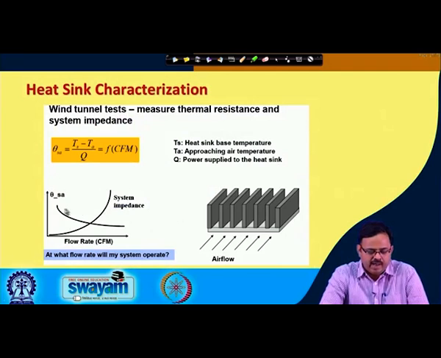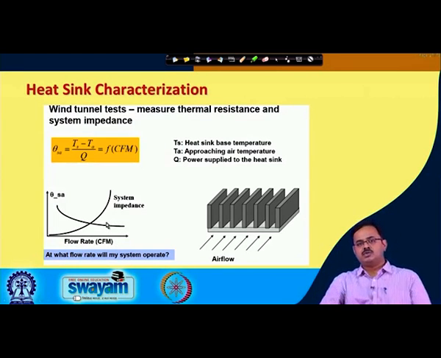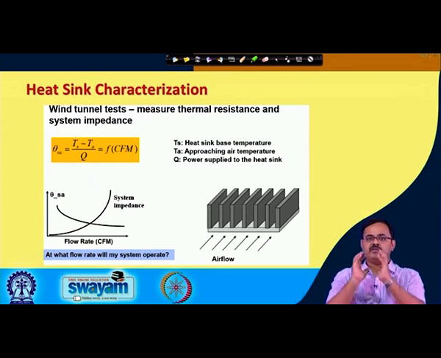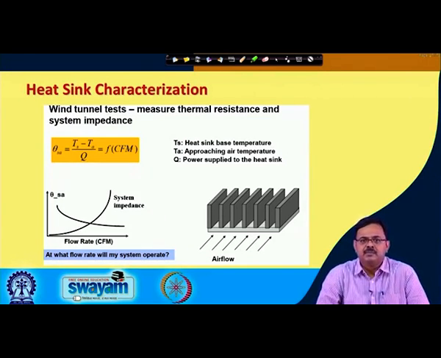So, I will again go back and look at this thermal resistance as a function of flow rate, and corresponding to that flow rate see what is the thermal resistance, and that is going to be my performance of the heat sink for that geometry, along with that fan. Is that good enough? That is what we have to see. Clear?